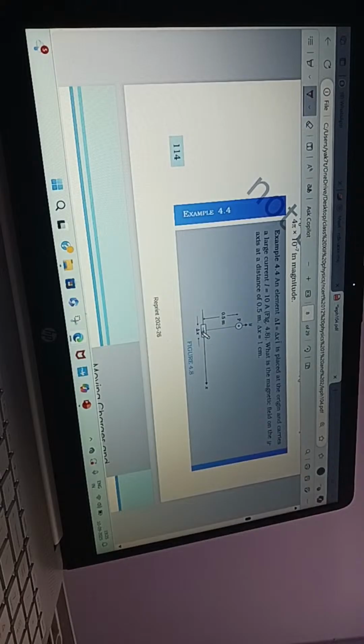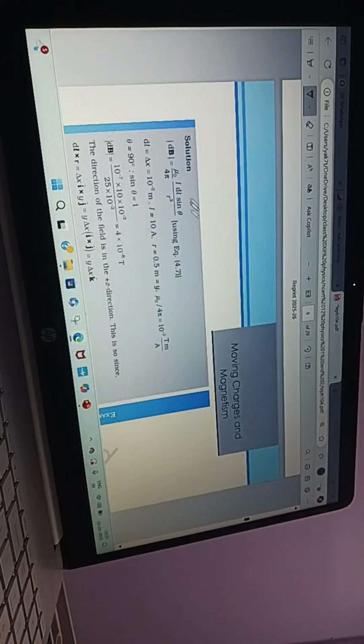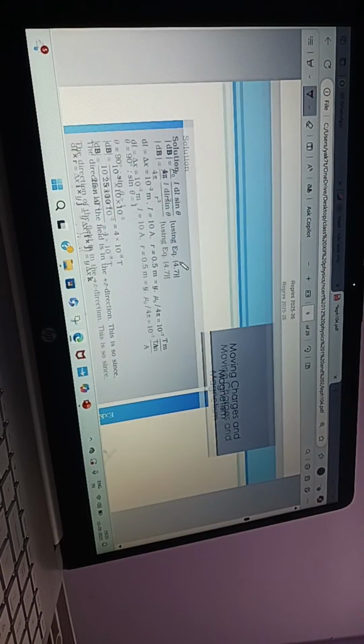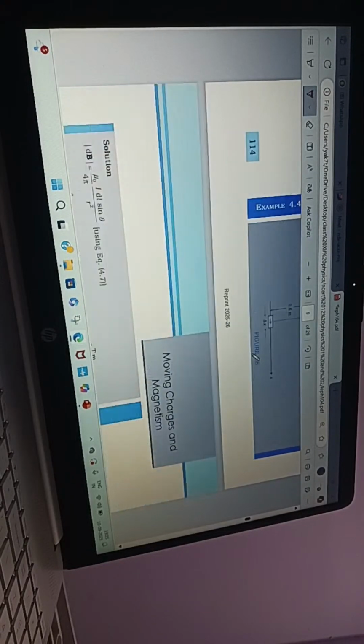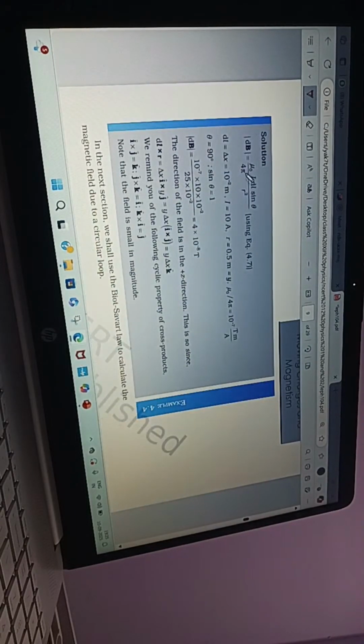So the current element is given, the distance is given, right? Then what is the formula? Biot-Savart law: mu naught by 4 pi you know, I you know, and dl is given, 1 centimeter, which you convert into meters, 10 to the power of minus 2, 0.01 meter. You have to substitute that.